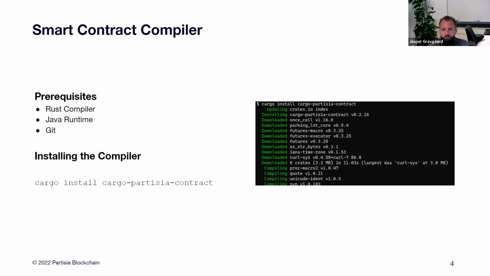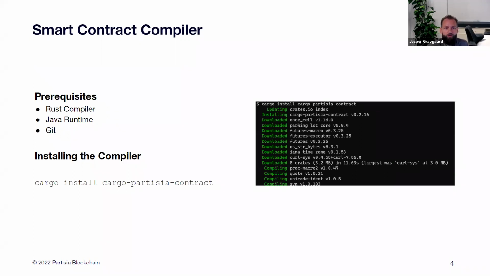And when you've coded a smart contract, what you need is a Rust compiler to compile it. But you probably want our compiler front end, which will do a lot of the heavy lifting for you.